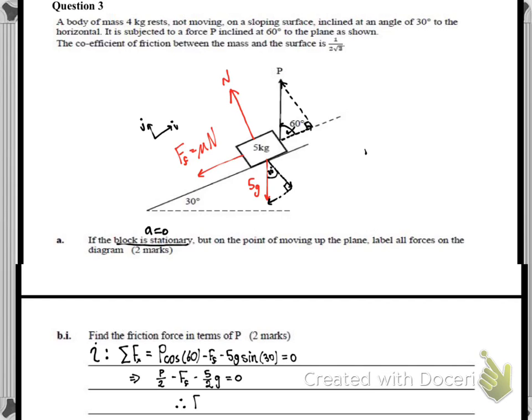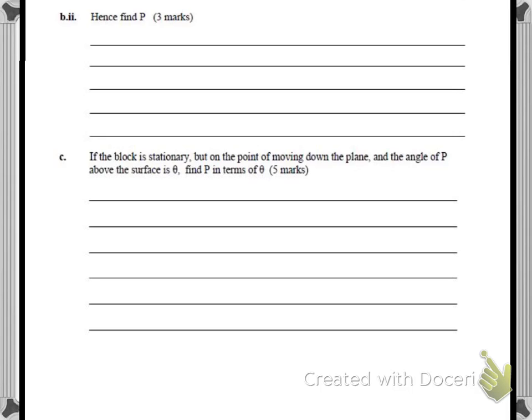Now, from that, we're going to evaluate the sine and the cos and transpose for our friction force. So we will get P, take 5g all in newtons. Hence, let's find P. Now, if it is stationary, the friction force takes on the formula mu times N.